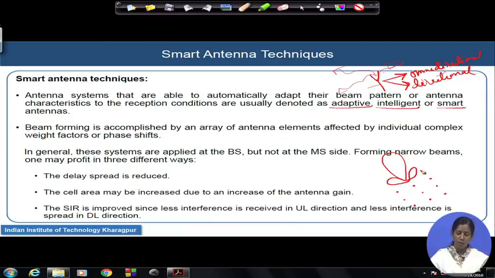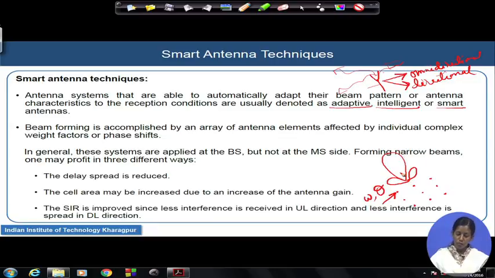For example, ULA, or a circular array. The array may be a uniform linear array, or it can be a circular array, or a rectangular array. Each and every element inside this array is fed with different complex weight vectors, and some phase shifts. Based on the different weight vectors and phase shifts, jointly these elements form the beam.